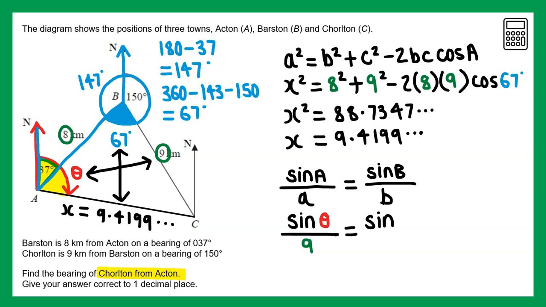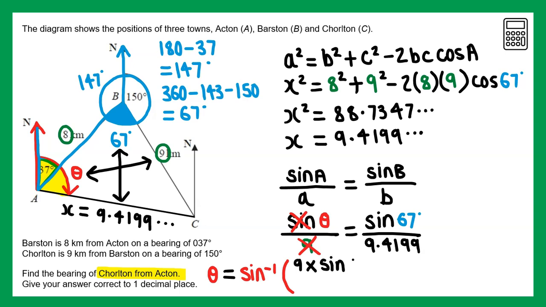This is equal to sine of the second angle over the opposite length, which I've just worked out to be 9.4199. Multiplying both sides by 9 and doing the inverse function of sine would give me theta equals sine to the negative 1 of 9 multiplied by sine 67 over 9.4199.